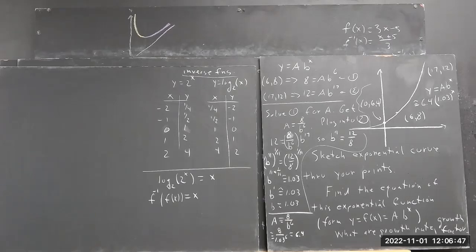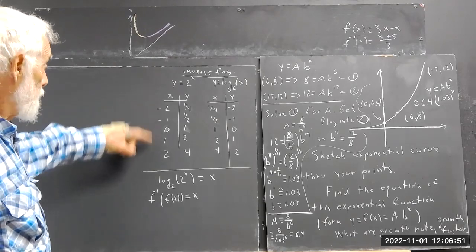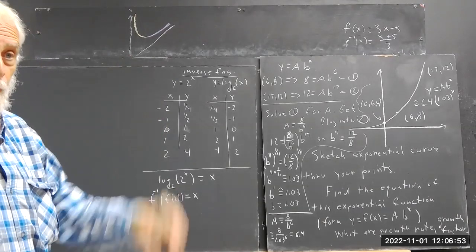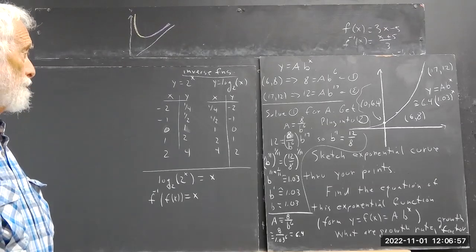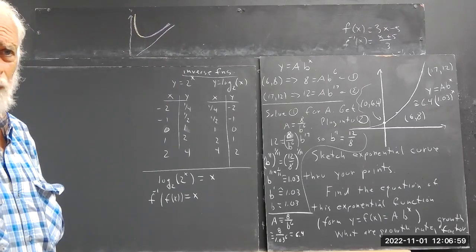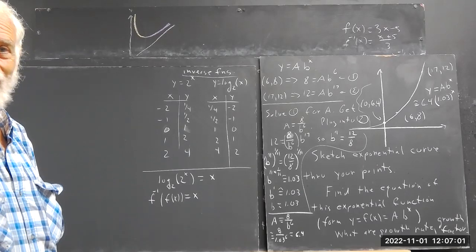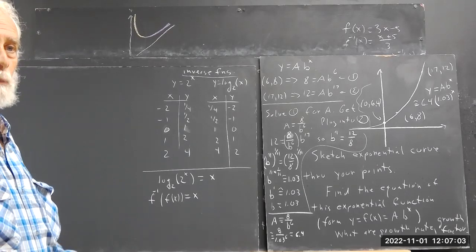Is it true? Well, pick an x in the table. Which x do you want to use? Show me with your fingers. Not yet. Let's not use 0. 2. Okay.